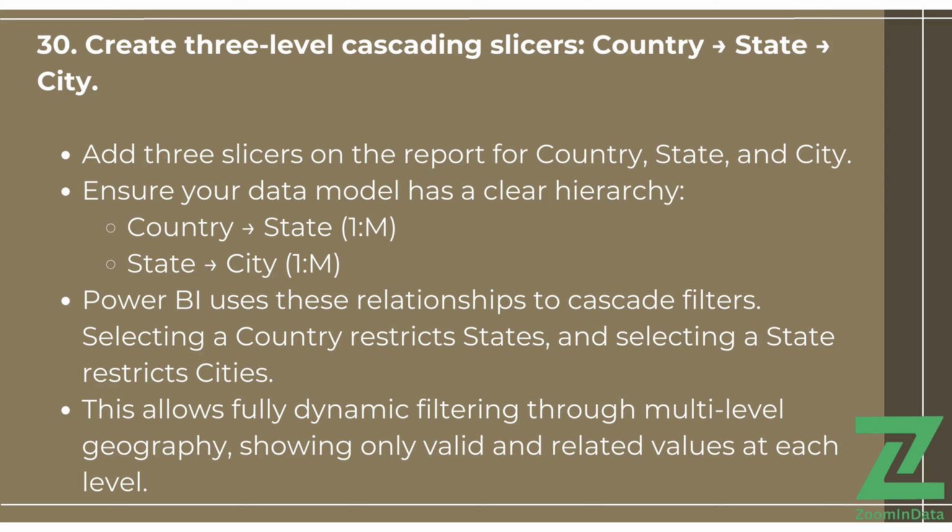State leads to city, one-to-many. Power BI uses these relationships to cascade filters. Selecting a country restricts states, and selecting a state restricts cities. This allows fully dynamic filtering through multi-level geography, showing only valid and related values at each level.